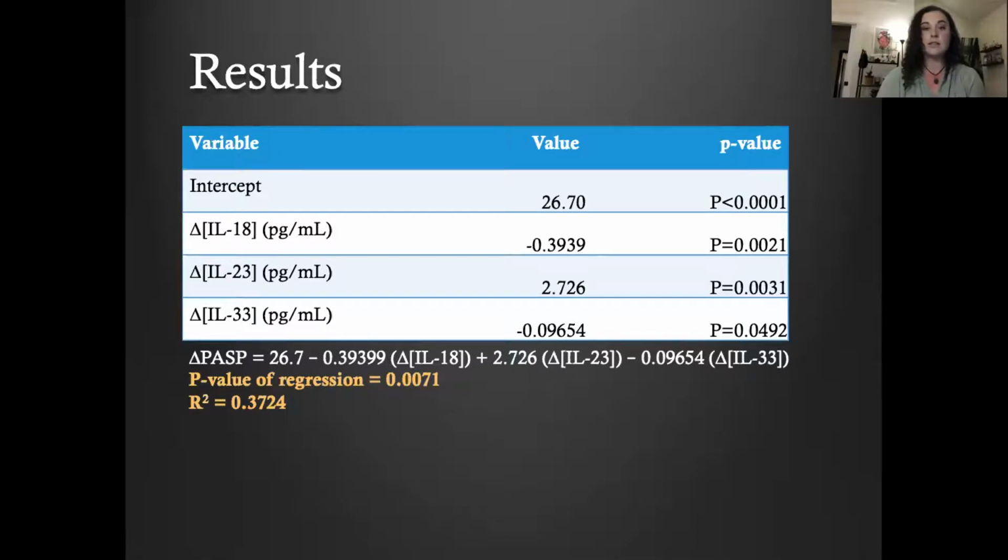So this indicates that about 37% of the change in pulmonary pressure can be explained by the change in these three cytokines, which might not seem like a lot, but like I noted at the beginning, the main stimulus for this response is the alveolar hypoxia. And so getting this significant R-squared value and this significant regression does show that there likely is an effect of inflammation on regulating pulmonary pressure.